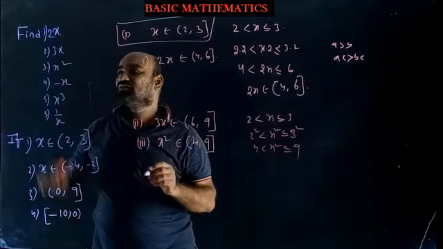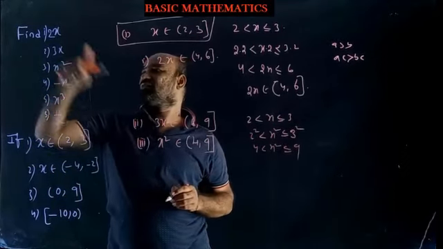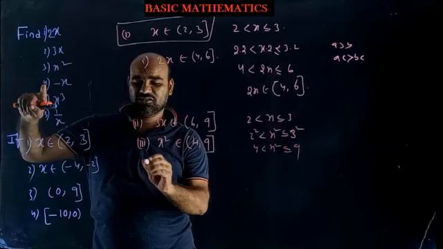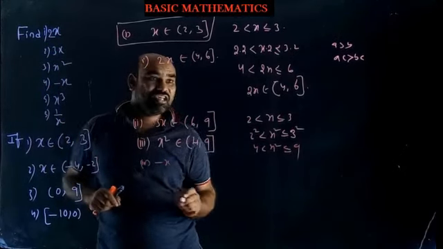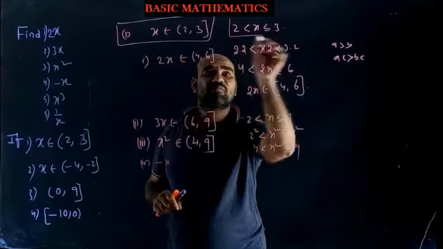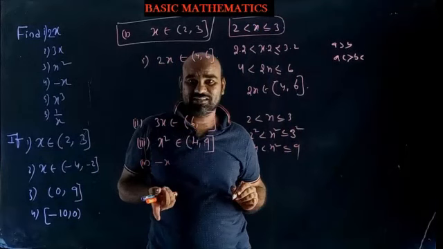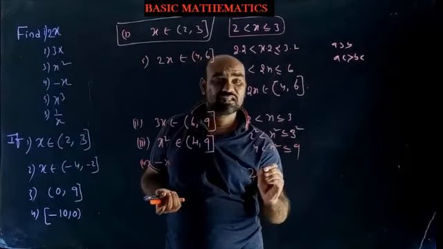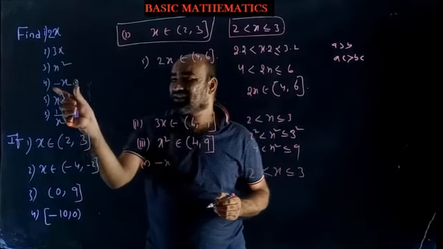Next one, the fourth. Minus x, important. You want minus x, which means each element of the set should be multiplied by minus 1. Automatically the inequality will alter. Observe here: 2 < x ≤ 3, but I want minus x.